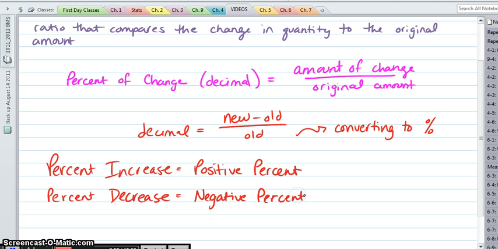The beauty of it is you don't have to worry about whether or not something should or should not have a negative sign. If you do your math correctly, the negative sign will appear on its own and you can clearly see that it's a decrease. Please make sure that you do follow directions. If you're asked to say whether or not a percentage represents an increase or a decrease, please do so. So let's look at an example.